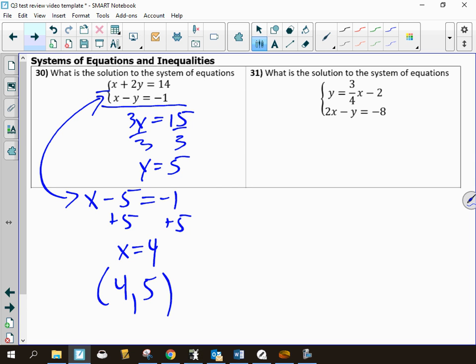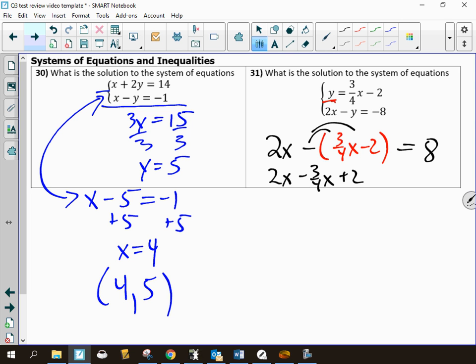For 31, I'm going to use substitution. The first equation is solved for y, so I will write the second equation. But instead of writing y, I will substitute in the whole first equation. It's very important that you write it in parentheses, so we know we have to distribute the negatives. So this will be 2x minus 3/4 x plus 2 equals 8.